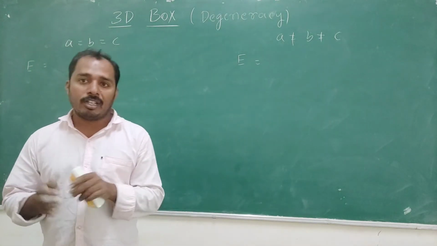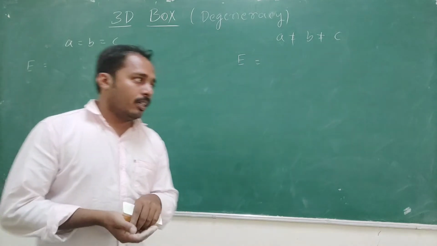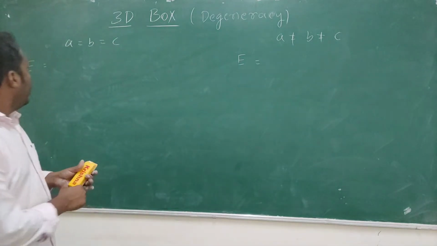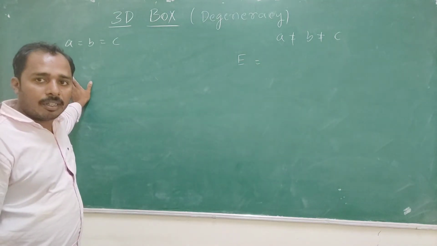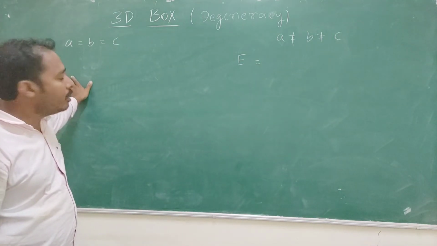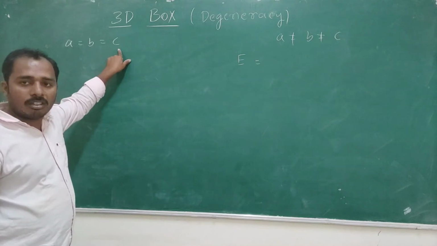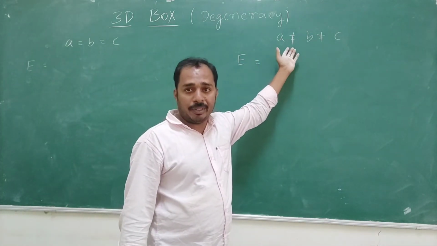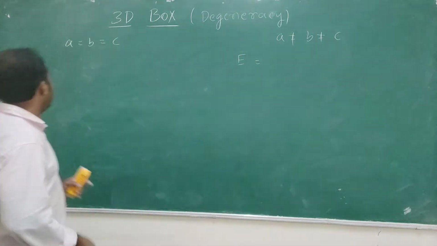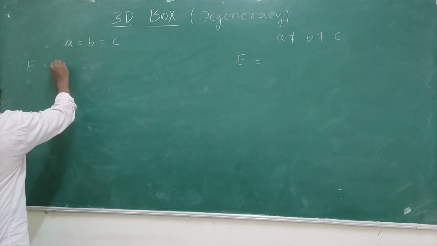You already know the meaning of degeneracy. Next, the energy of the particle inside the 3D box. Here all the sides are equal; otherwise the sides of the three-dimensional box are unequal. So energy E is equal to, what is this?